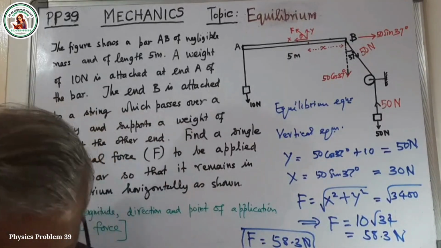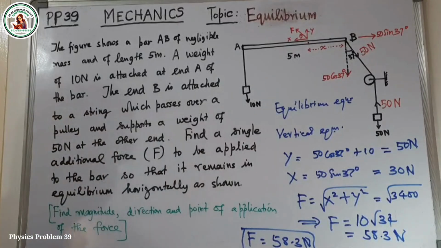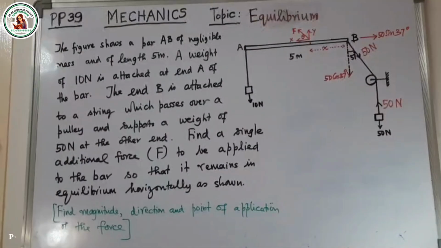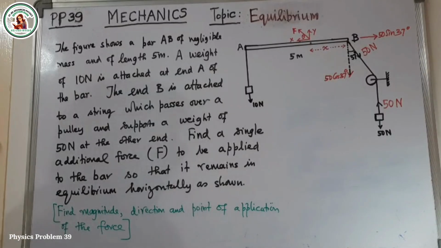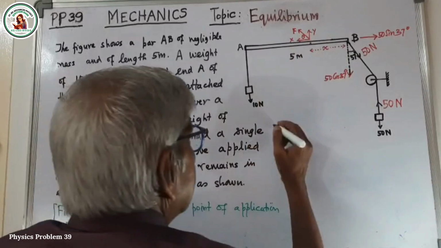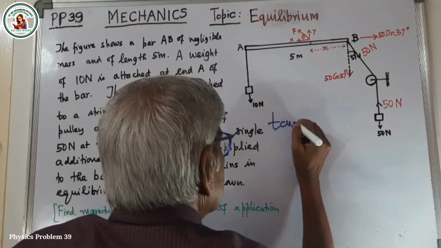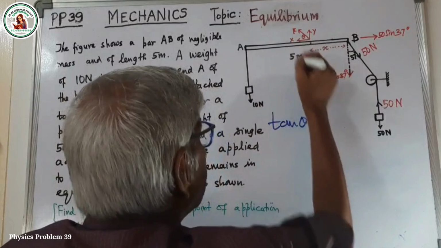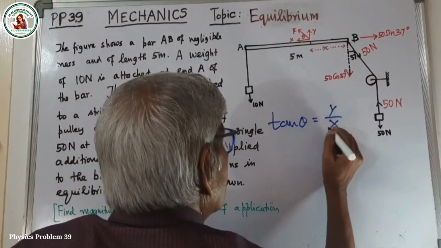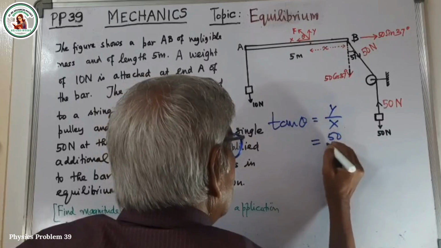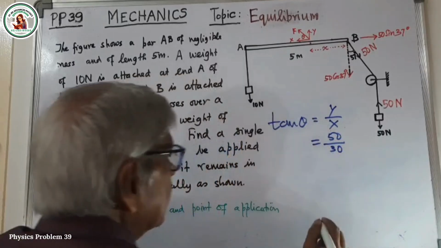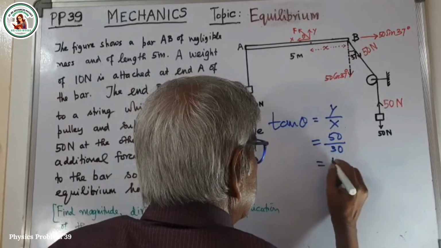Now the direction of that force. I will clear some part of this to get the direction of the force. From the diagram you can say tan theta is equal to y by x. Y being 50 and x being 30, we got 5 by 3.